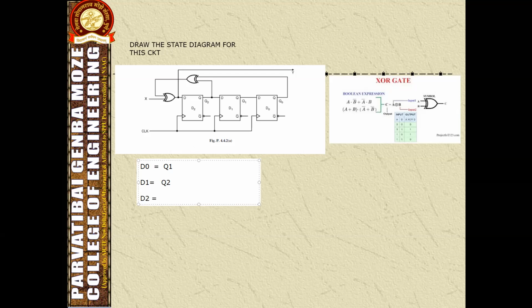Then D2: what input is it getting? See here, it is getting an XOR operation.